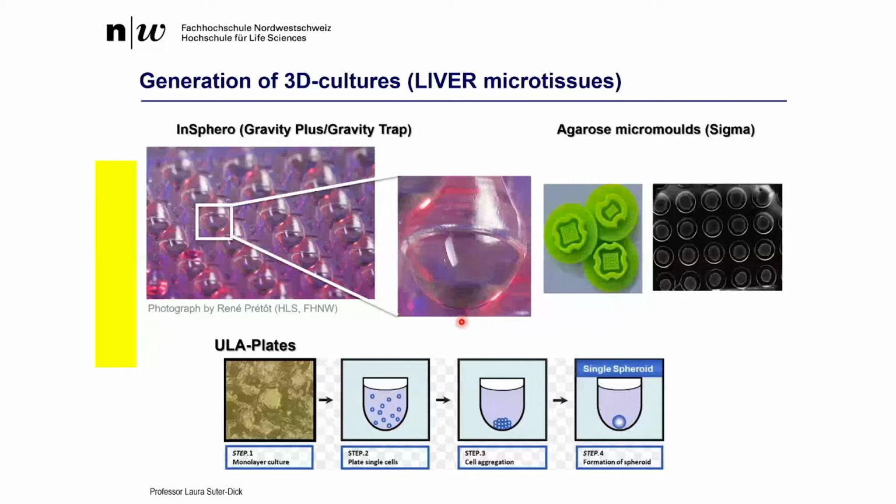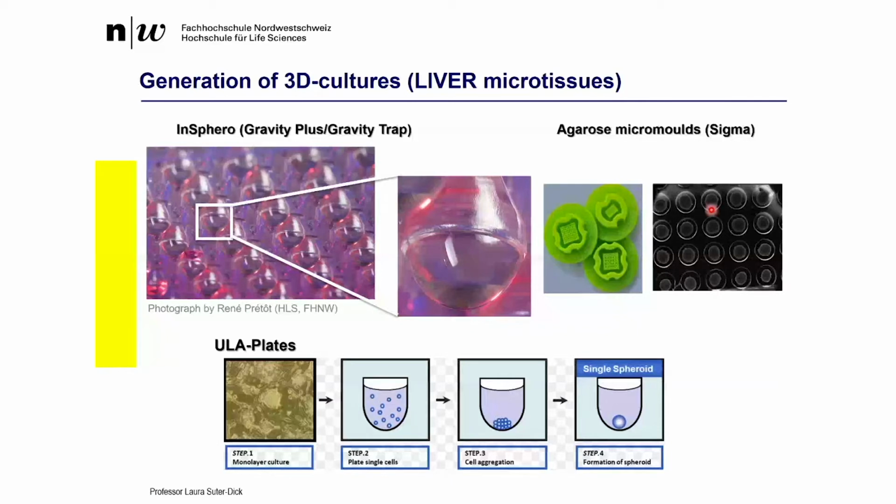You put your cell suspension in each of these wells, and the trick is that the ULA plates are coated specifically with a hydrogel, which is usually proprietary, covalently bound, hydrophobic, and neutrally charged, and repels the cells. So the round form of the bottom plus the coating hinders the cells from attaching to the plastic. The cells can then not attach.